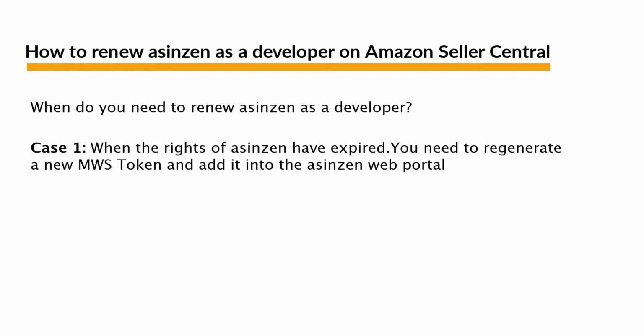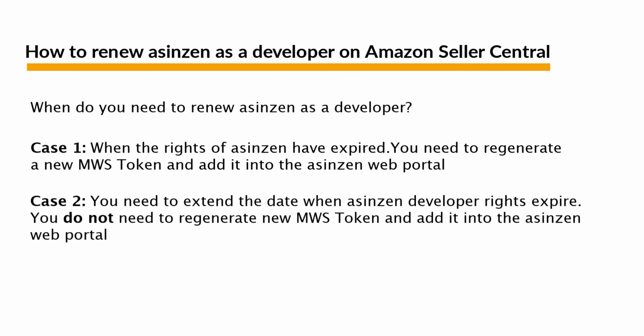And the second case is when you just want to renew asinzen as a developer to extend the date that the developer rights expire. For this case, you do not need to change the MWS token in the asinzen web portal. So let's just get started.